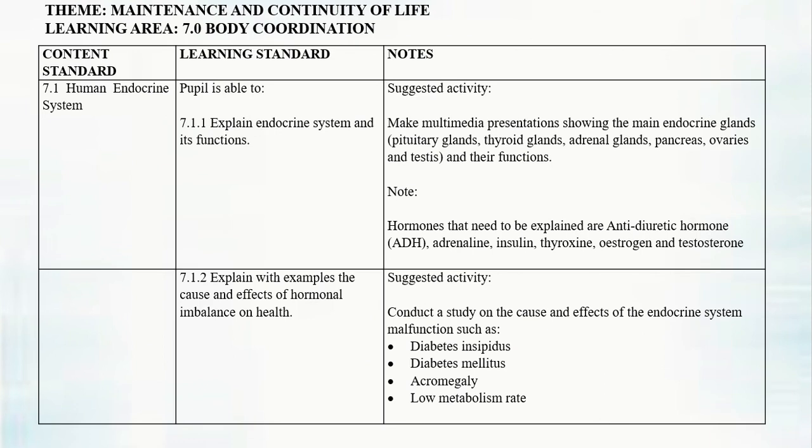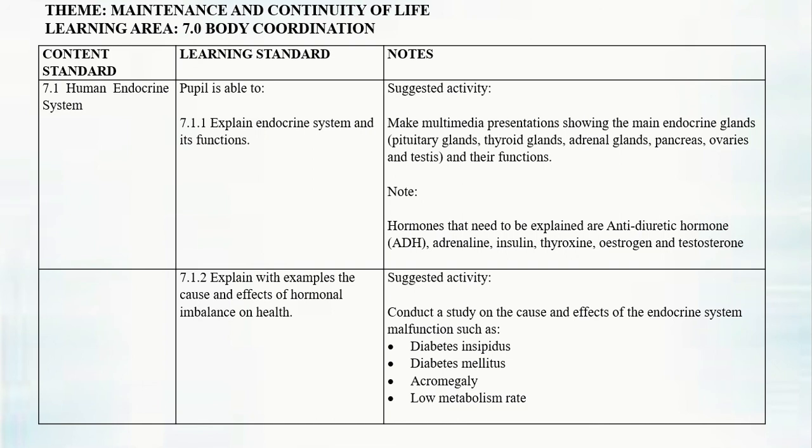Next will be body coordination. In this topic, we will learn about the human endocrine system, which is also the same as homeostasis, which is also contained in the Japan curriculum's topics.